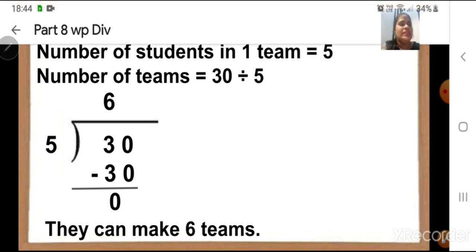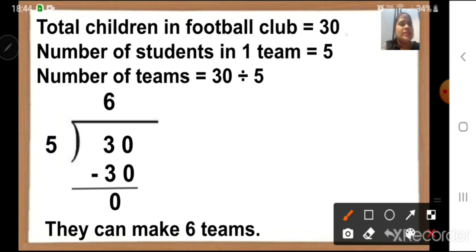Correct? So that is our first statement. Next will be number of students in one team. They have mentioned that in each team there are 5 students. So that is our second statement. Number of students in one team is equal to 5.